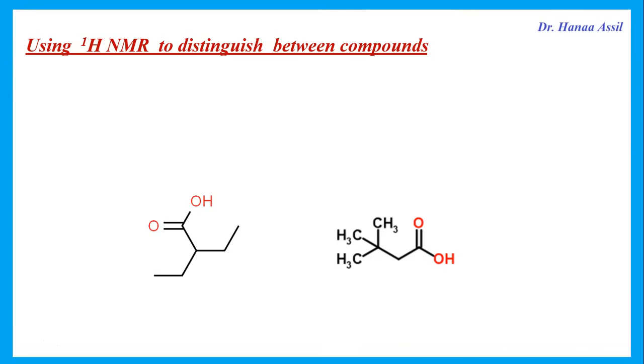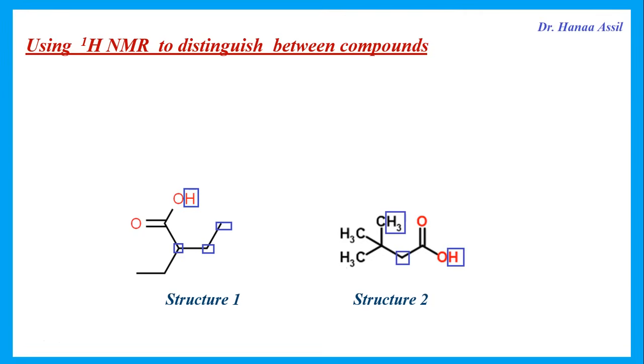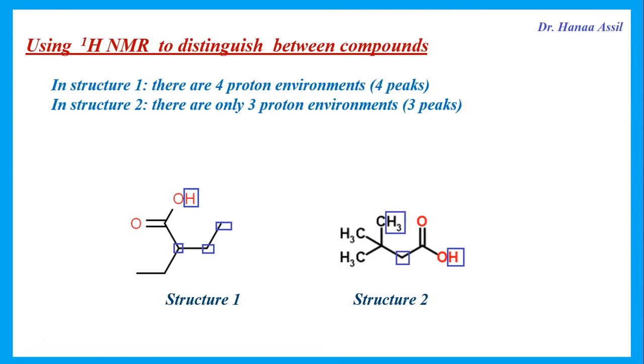We can also use the proton NMR to distinguish between compounds. So if I have a proton NMR, I can tell whether it is due to structure 1 or structure 2 from the number of peaks. Structure 1 has 4 peaks, while structure 2 would have only 3, because all the CH3s in structure 2 are equivalent.